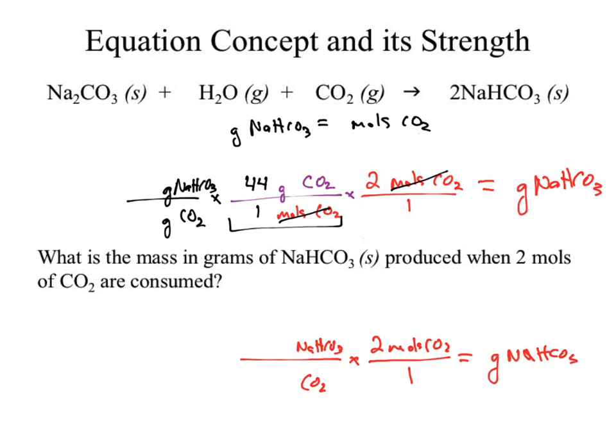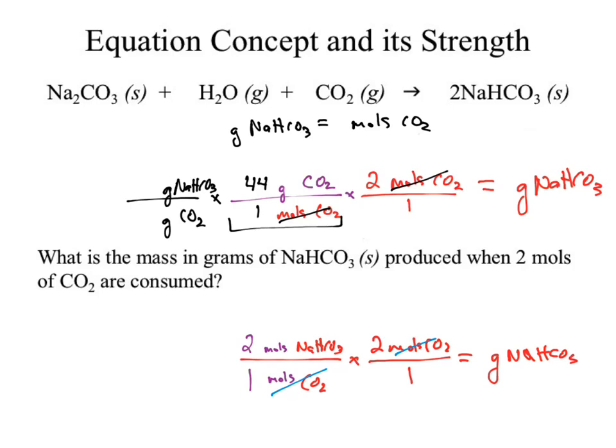Moles. What are the numbers associated with those moles? 2 is in front of the sodium hydrogen carbonate. 1 is in front of the CO2. This sets me up with the exact same system I had in the previous case, the top case that failed.